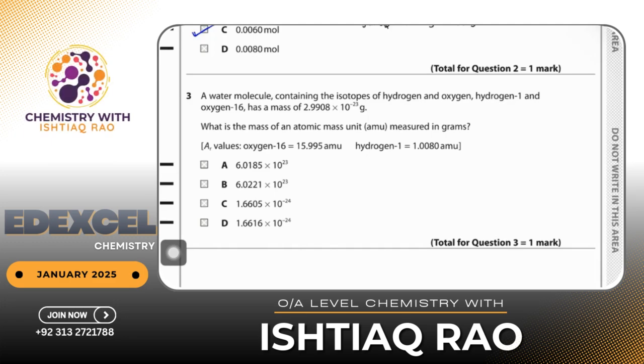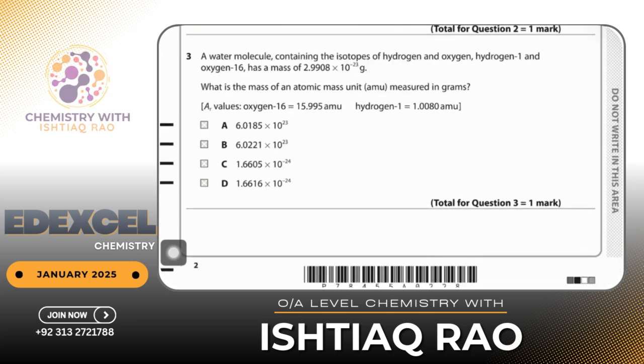Okay, how did you calculate this one? First, I calculate the combined mass. 2 into 1.0080 plus 15.995 gives 18. Then we find the mass of our water molecule. 2.9908 into 10 power minus 23 divided by 18, which gave me 1.6 into 10 power minus 24.